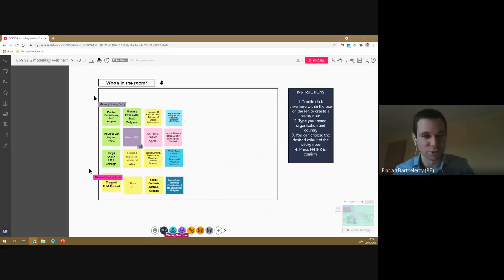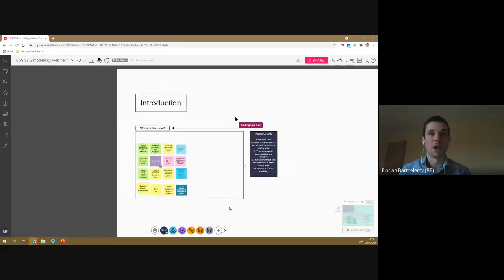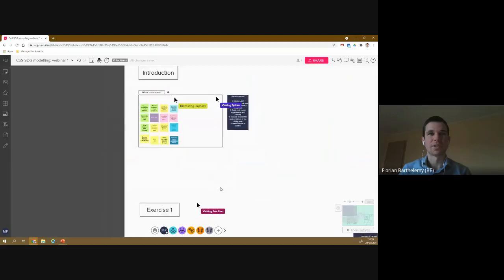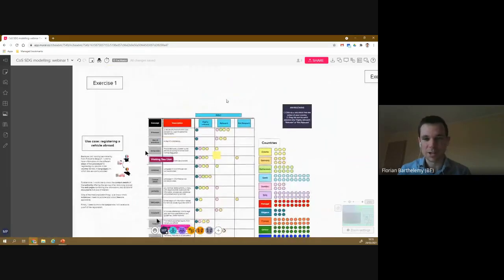So let's move to the first exercise. Now that everyone is getting familiar with Mural, if you zoom out and go to the bottom of the page, you will see on the left the use case that we just described in the slides.